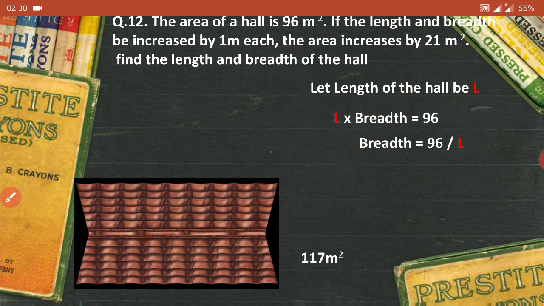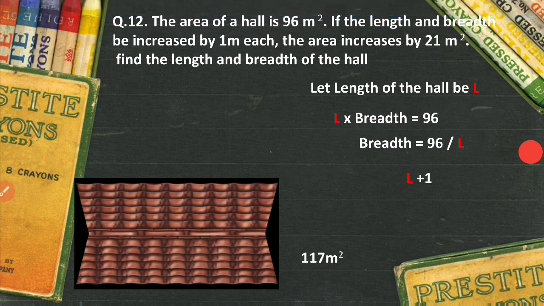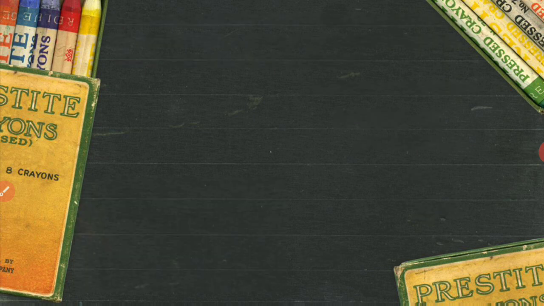Now length to be increased by 1, so L will become L plus 1, and breadth also increased by 1, so it will become 96 upon L plus 1. The basic formula is length into breadth is equal to area.